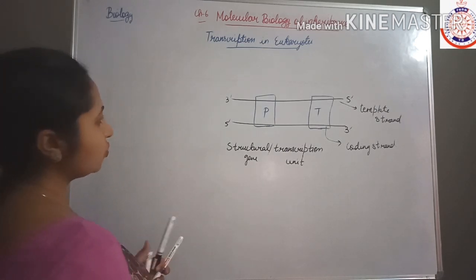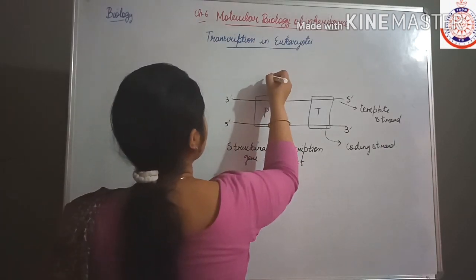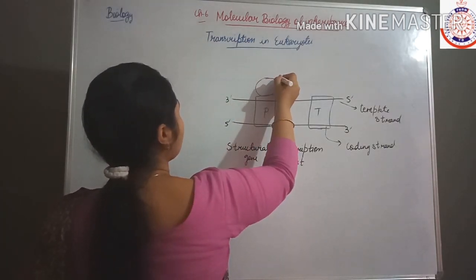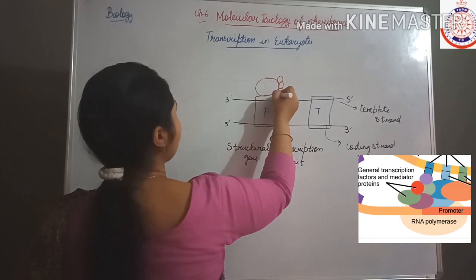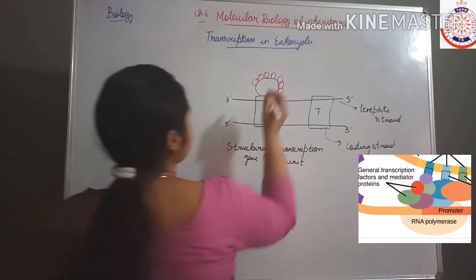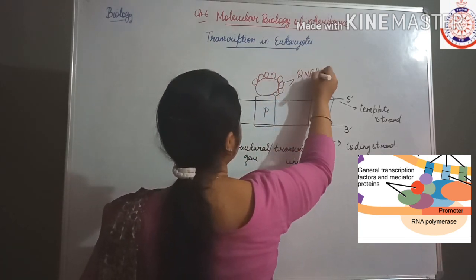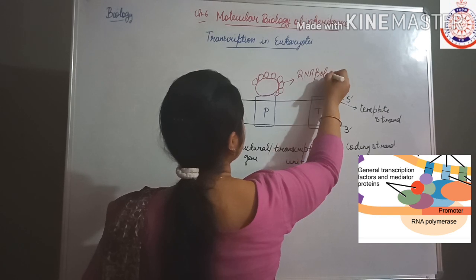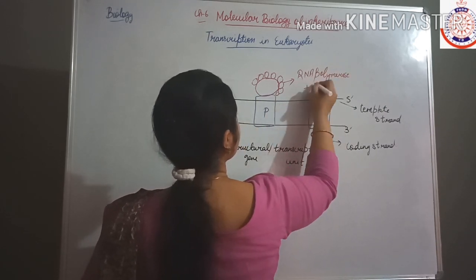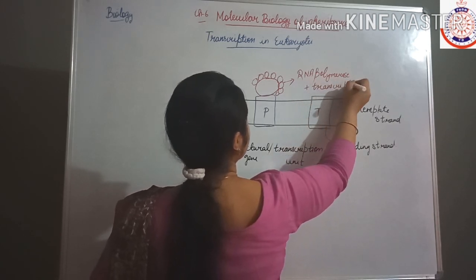So in case of eukaryotes, when the RNA polymerase binds, along with the RNA polymerase so many transcription factors are there.